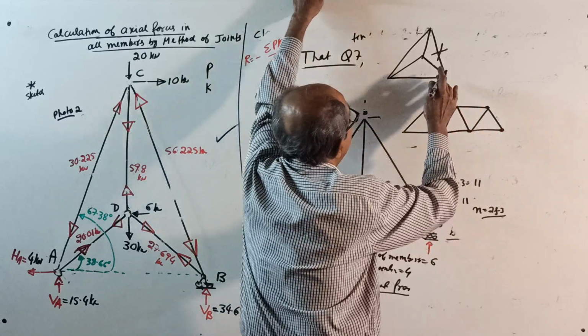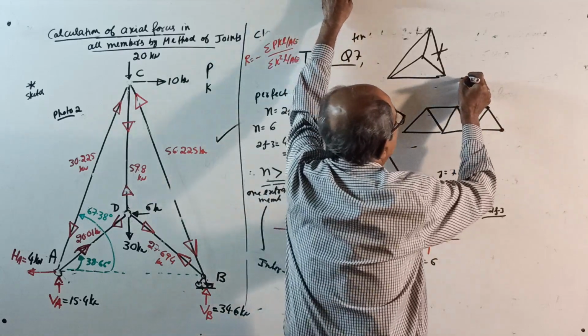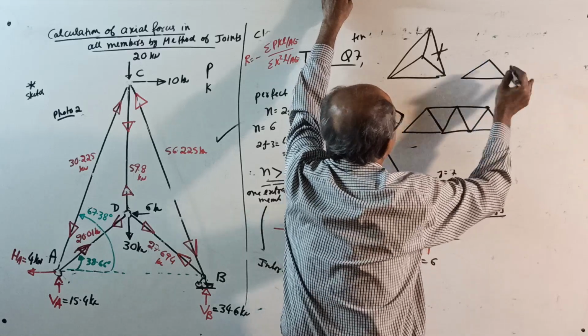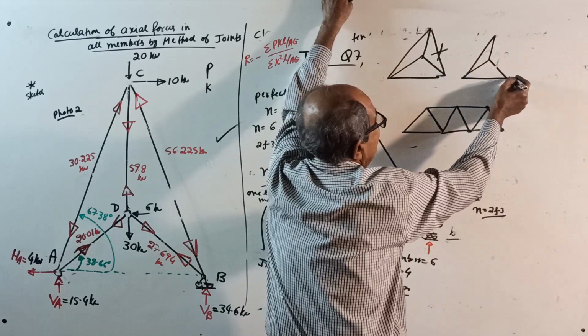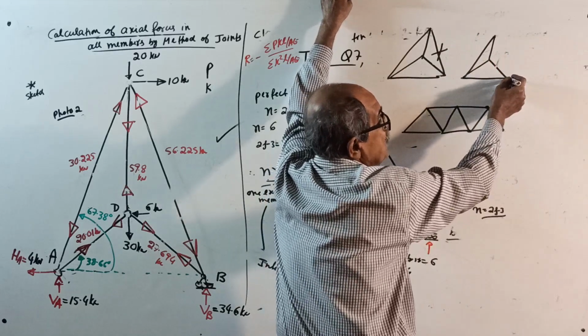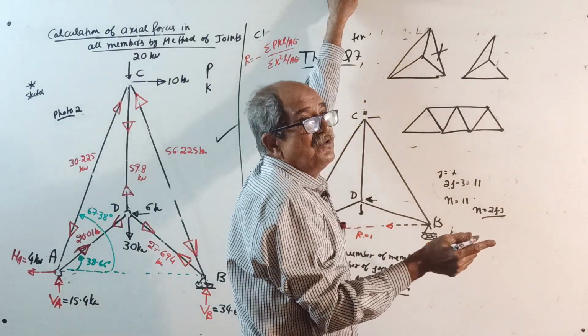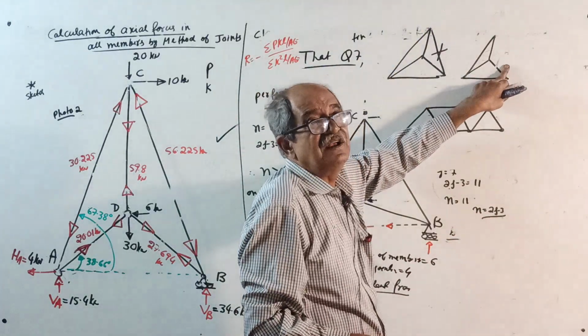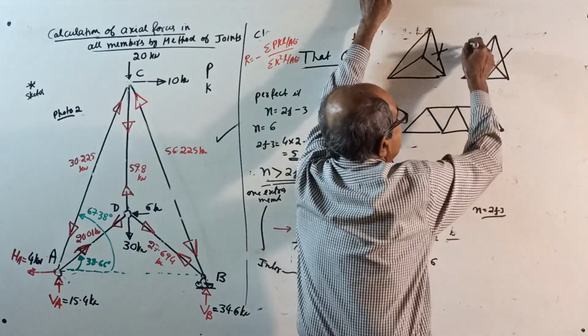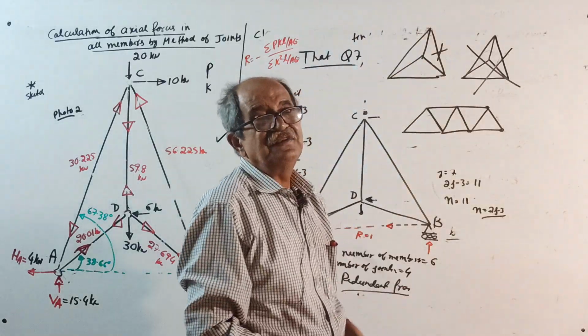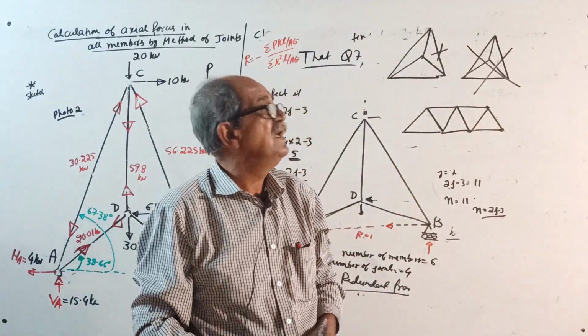Here, what you have done is create one triangle, then one more triangle, but have you created any joint? No. You have not created a joint, you simply put one extra member. That's why it is not determinate, it is indeterminate.